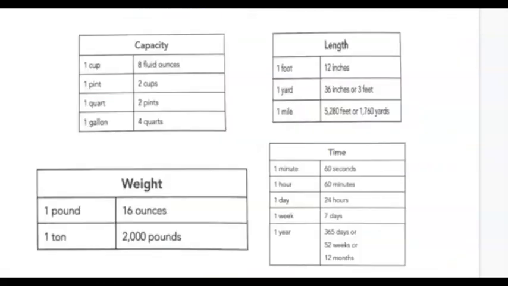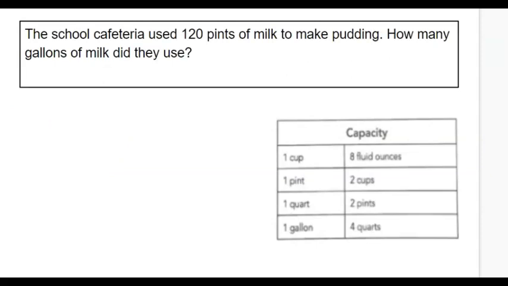Now, also this week, we've been talking about customary units of measurement, and we've been looking at capacity, cups, pints, quarts, gallons, and ounces, and we've been looking at weight, the length, and also time. So these aren't anything that I have to have memorized. This chart, I can use this chart to help me solve problems. So let's do one of these together. The school cafeteria uses 120 pints of milk to make pudding.